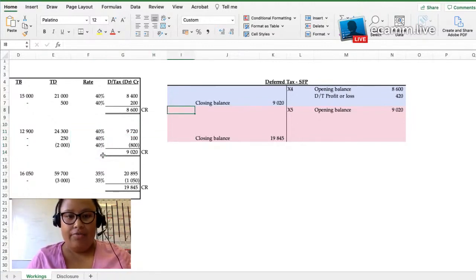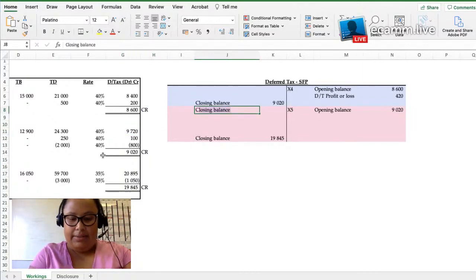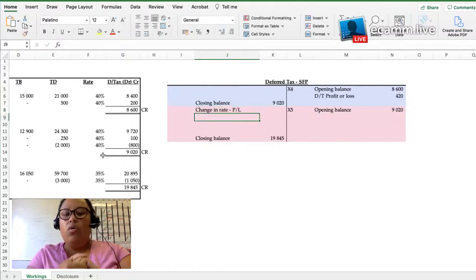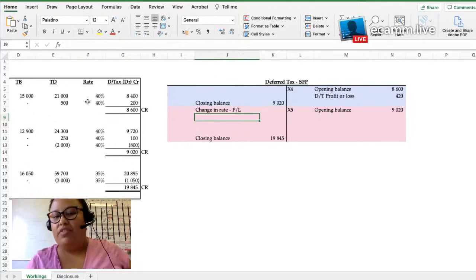So over here on the debit side, I'm going to have a change in rate. All of my change in rate went to profit or loss because all my temporary differences in the prior year were items that went through profit or loss. So the impact of the change in rate, all of it gets recognized in profit or loss.